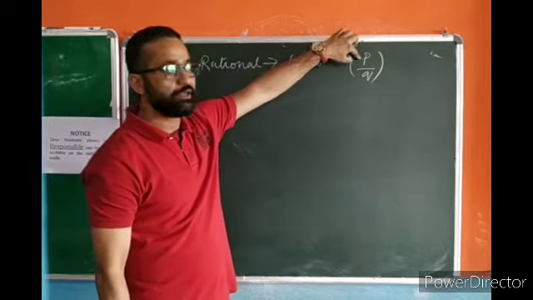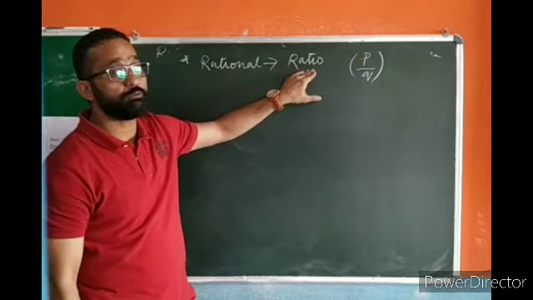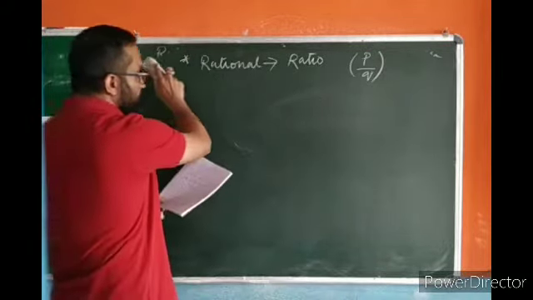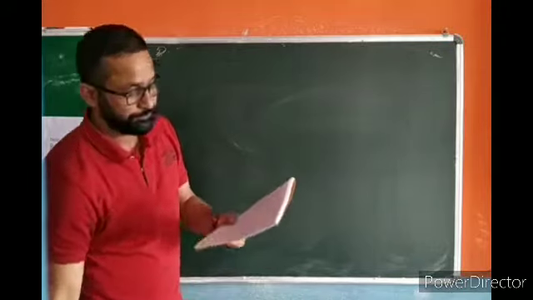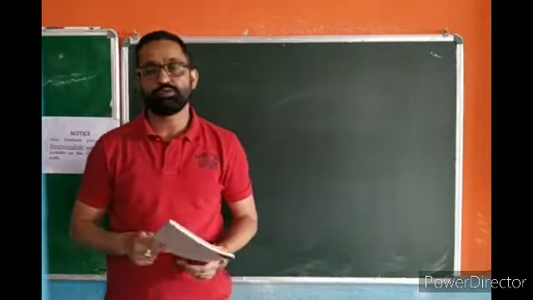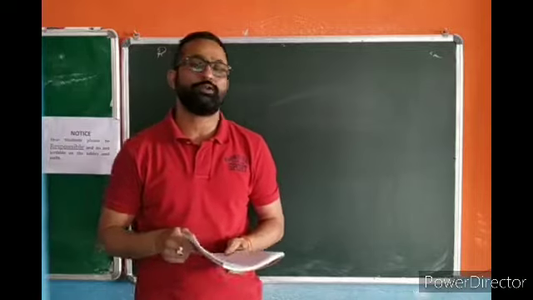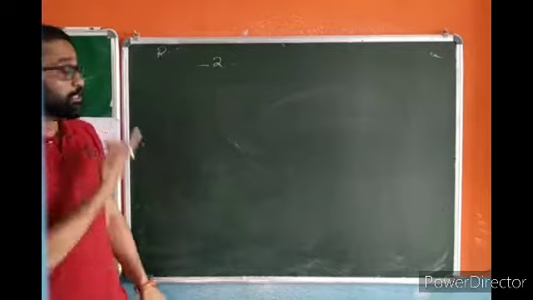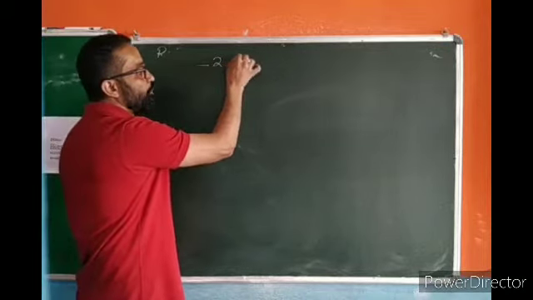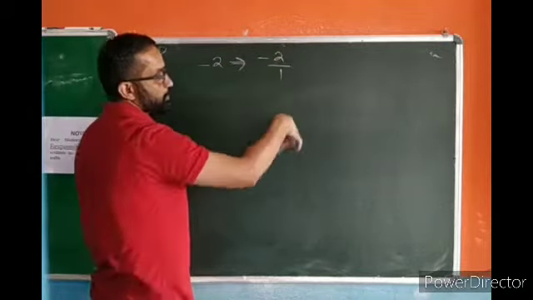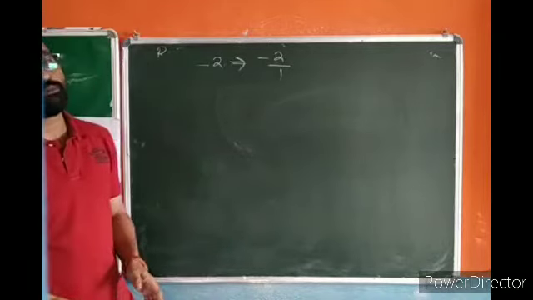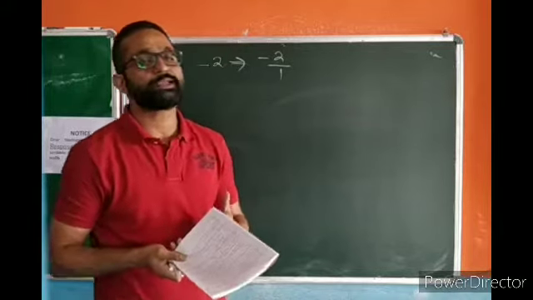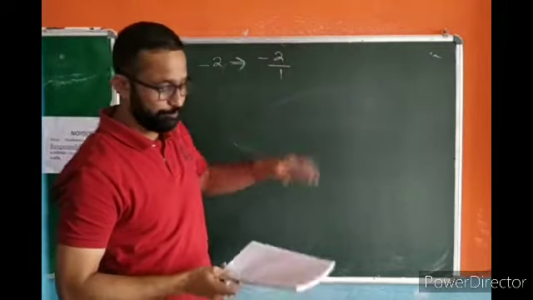So this P divided by Q is nothing but a ratio. Every rational number can be written in the form of a ratio. Suppose you have minus 2. This minus 2 can be written in the form of a ratio as minus 2 divided by 1. So remember, rational means ratio. Rational numbers can be expressed in the form of a ratio.